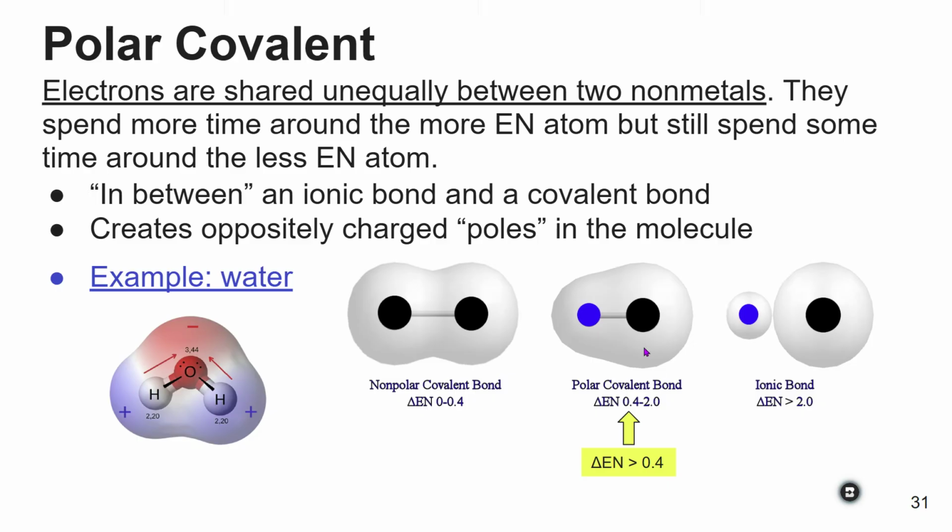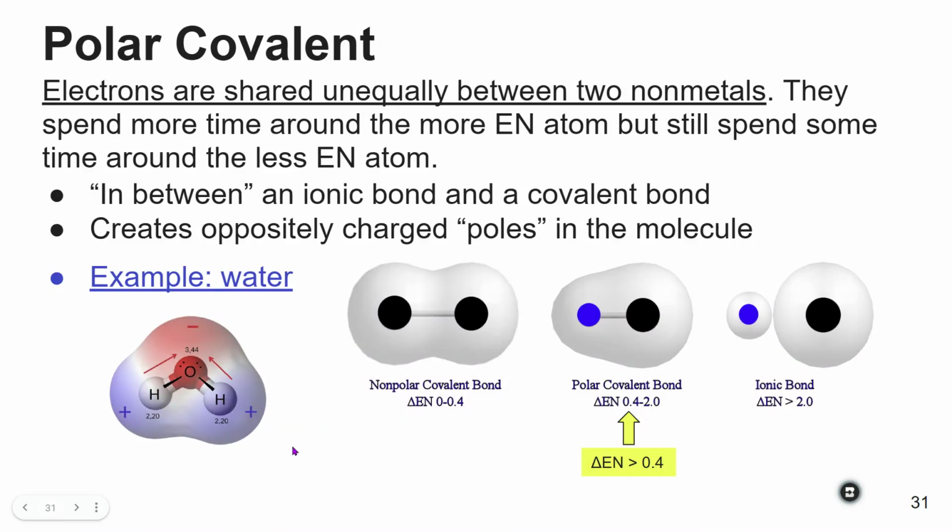The more electronegative atom will pull those electrons closer to it, giving this end a negative charge, and the opposite side a positive charge. Once you go over that boundary of 2.0 in the difference in electronegativity values, this atom just plain old steals the electron and it becomes an ionic bond. So it's an interesting look at how electronegativity can determine what kind of bond we get.